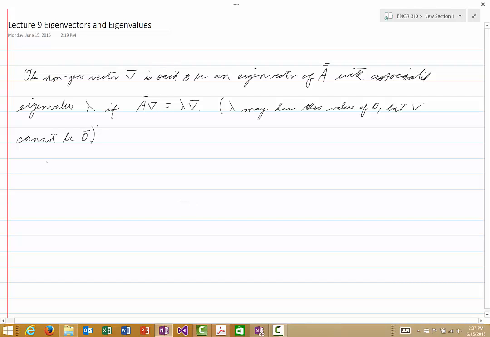Now, just to make sure that this concept is clear, let's look at an example or two.